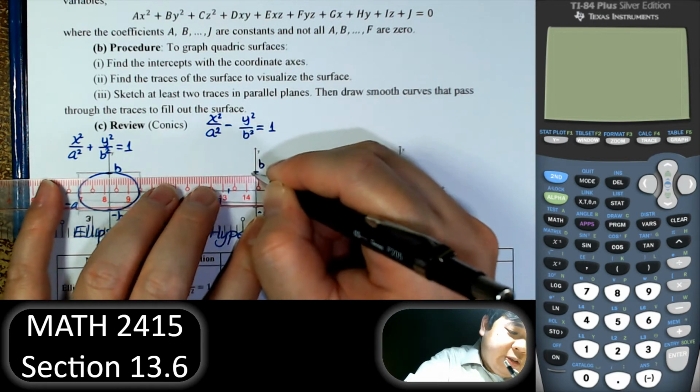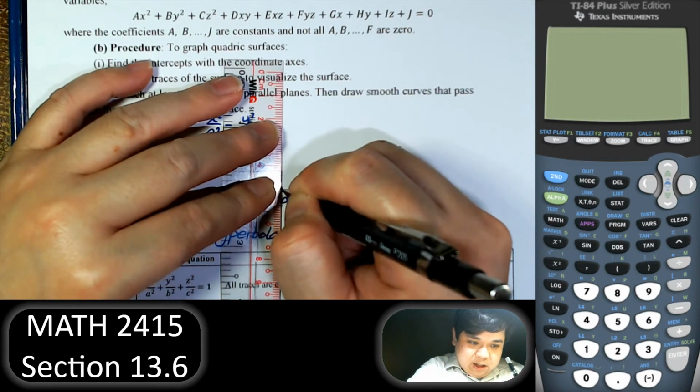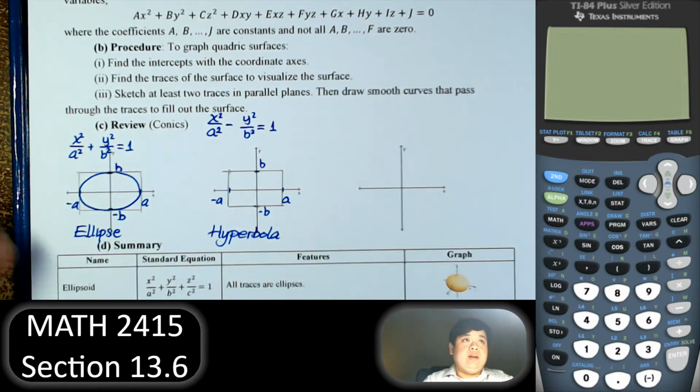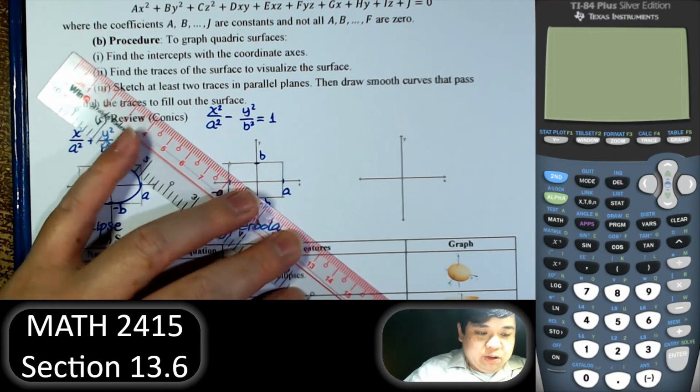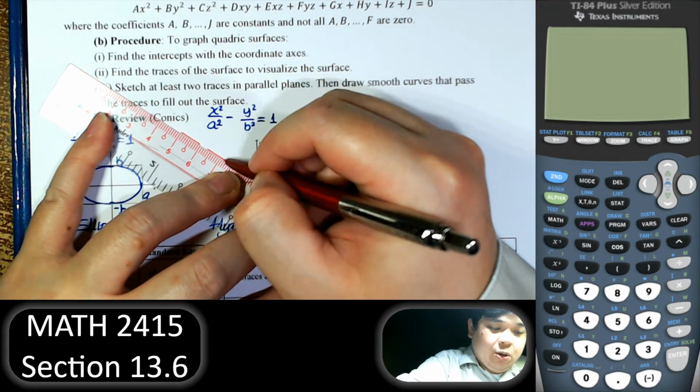That is for the ellipse and hyperbola. And then we will draw the diagonals. For a hyperbola, the diagonals are called asymptotes.